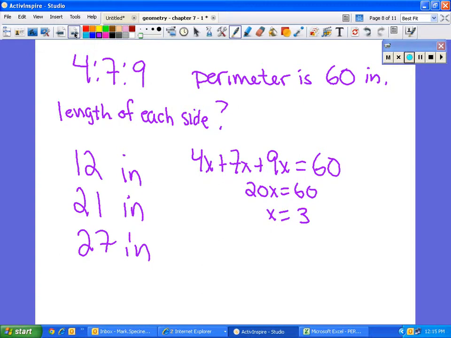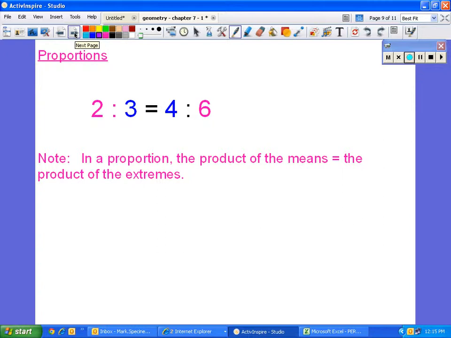Okay. The next thing we're going to talk about today, it's actually the last thing, are proportions. Now, a proportion, as you saw in the vocabulary, is an equation that states that two ratios are equal.